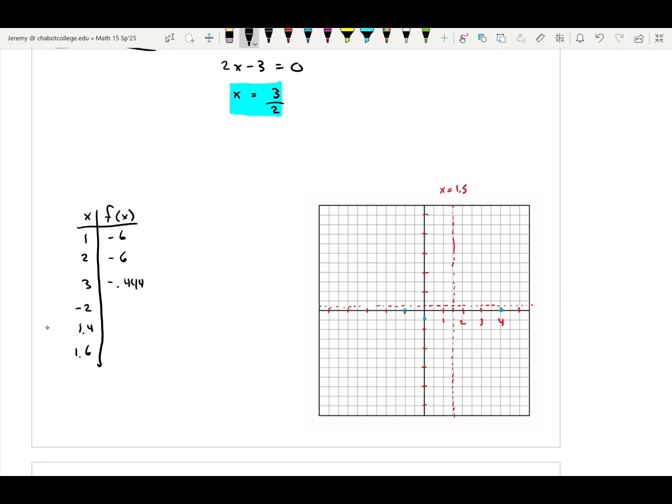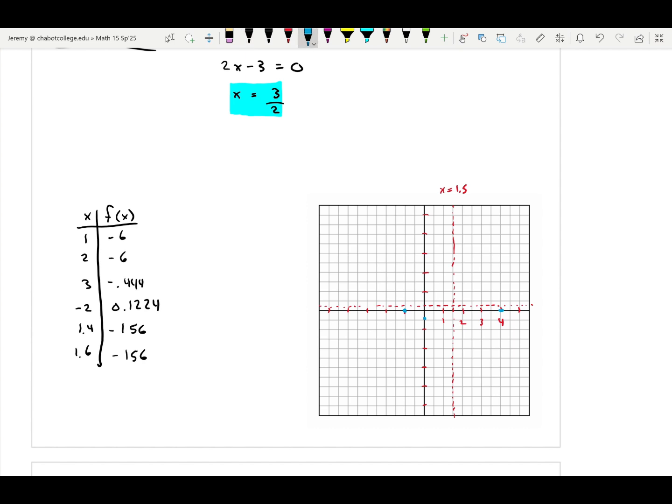I put in -2 and I get 0.1224, just rounding it to that decimal place. Let's put in 1.4, I get -156. Wow, okay. I put in 1.6 and I get out -156. I'm noticing some kind of cool symmetry here with respect to that vertical asymptote.